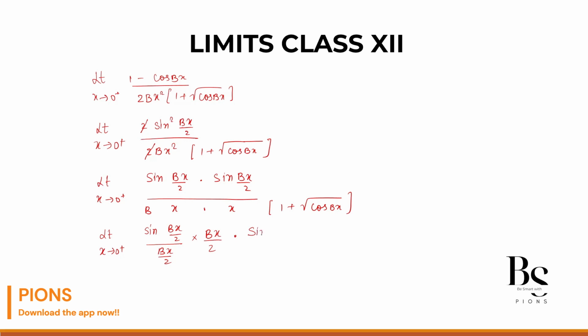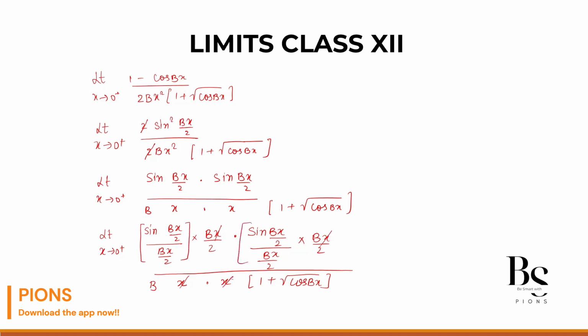I am rationalizing: sine bx by 2 upon bx by 2, into bx by 2, whole divided by, we have one b already there, x, and this bracket term 1 plus root under cos bx. I hope this is clear. Let's cancel this x with this x with that x. Let's see what we are left with.